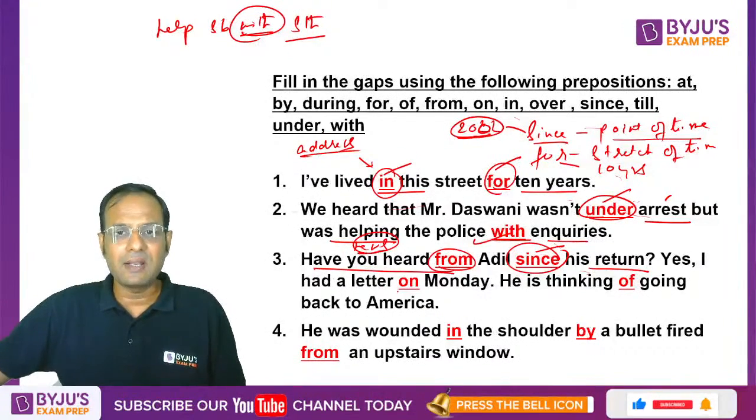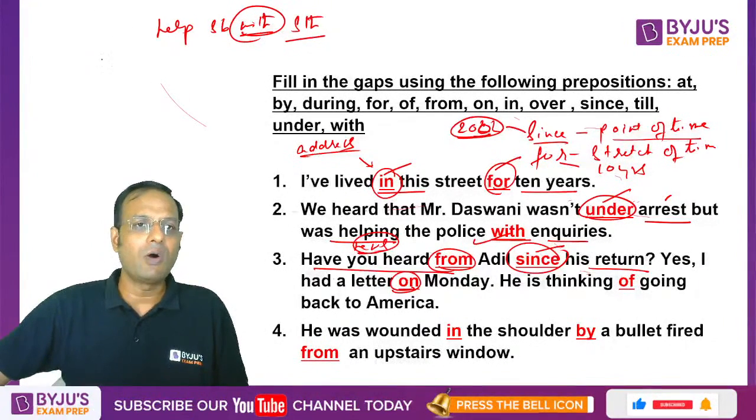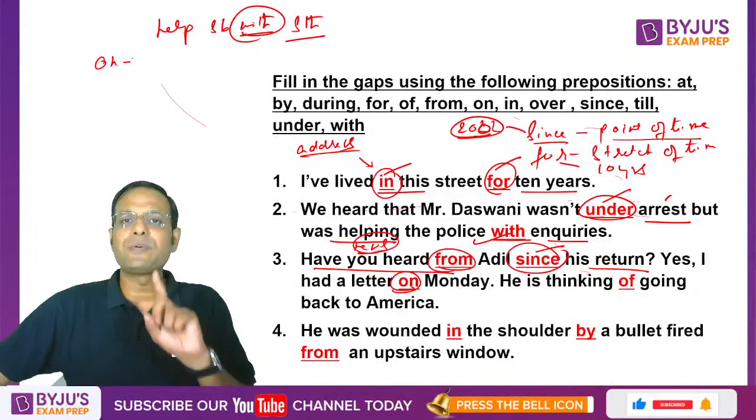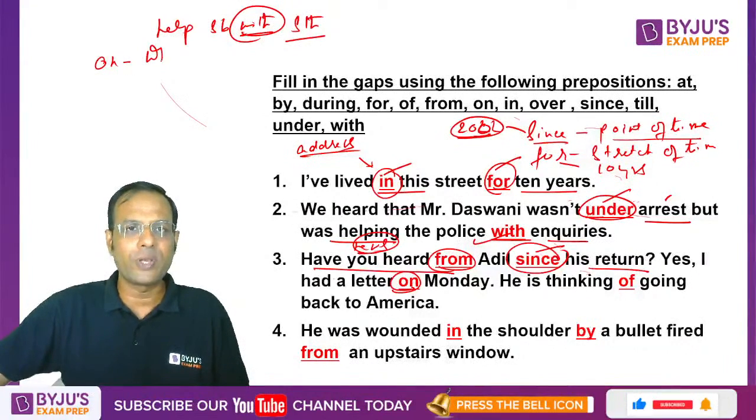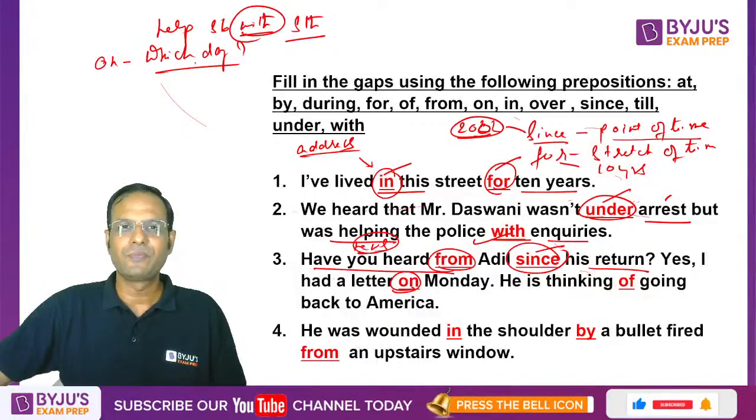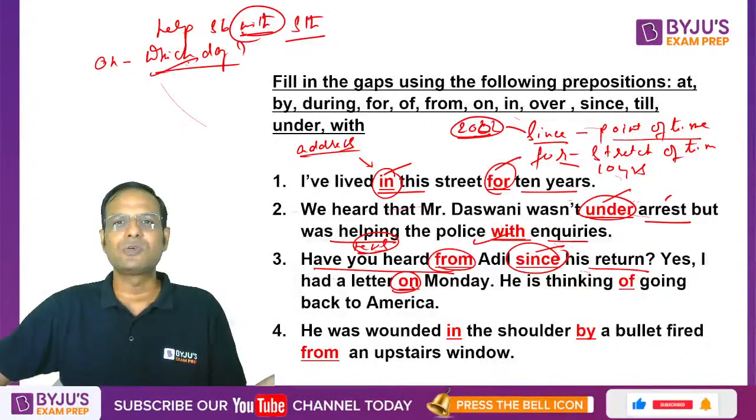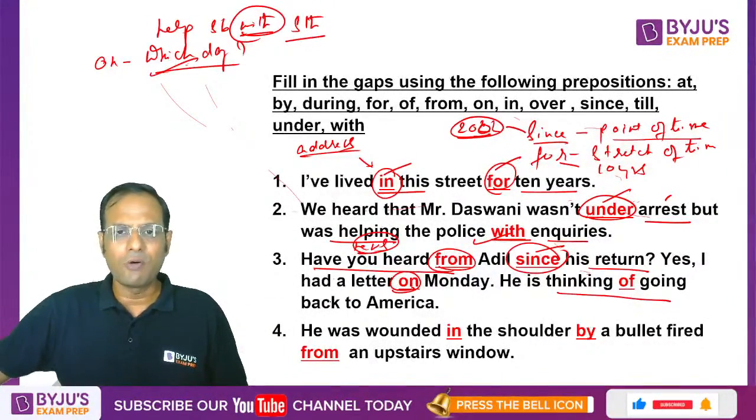Yes, I had a letter on Monday. Now on is a preposition that answers the question which day. On Monday, on Tuesday, on always will give you the answer to the question which day. That's why on Monday. He is thinking of going back to America.